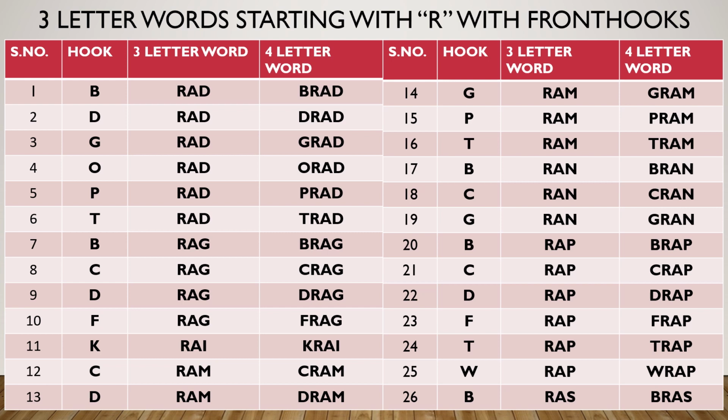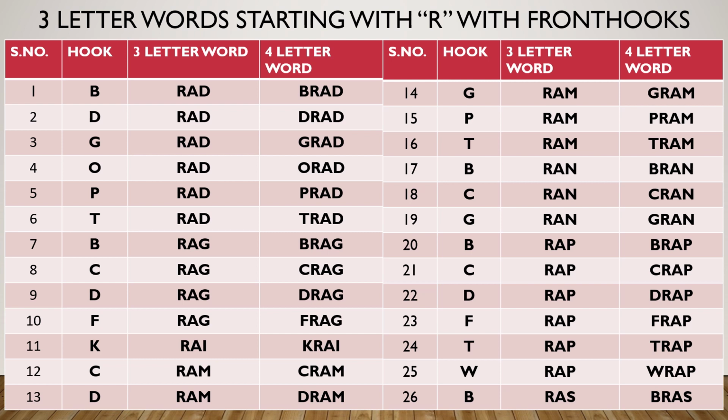RAG accepts B, C, D, F, making BRAG, CRAG, DRAG, and FRAG. RAI accepts K as a front hook, making the four-letter word KRAI. RAM accepts C, D, G, P, and T, making words like CRAM, DRAM, GRAM, PRAM, and TRAM.